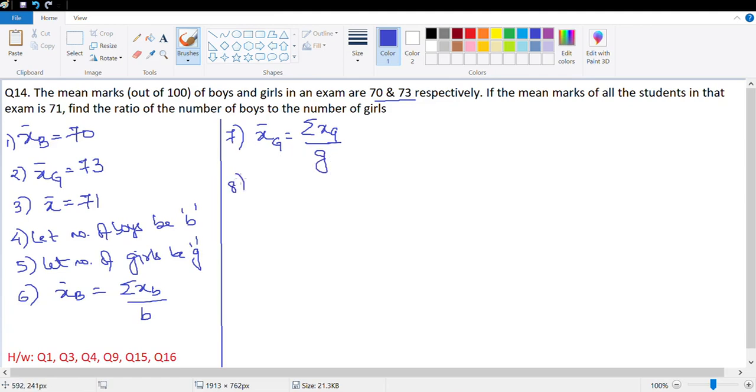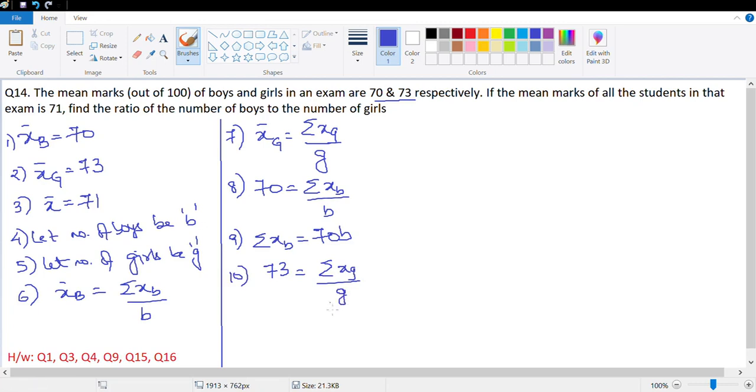So the mean marks of boys, which is 70, is equal to the summation of all the marks of boys upon B, which means the summation of all the marks of all the boys is 70B. Similarly for the girls, 73 is equal to the summation of marks for all the girls upon the number of girls, which means the summation of all the marks of girls is equal to 73G.